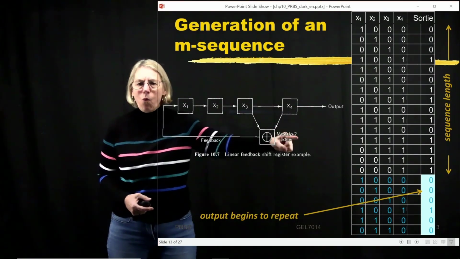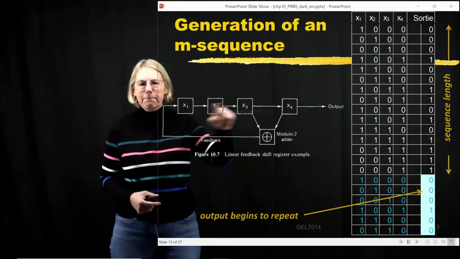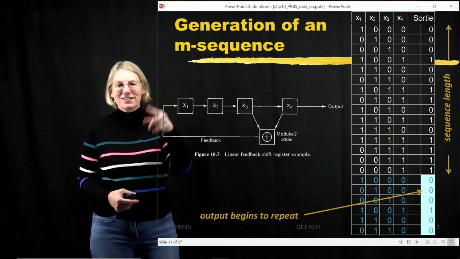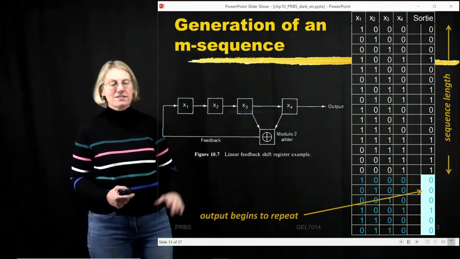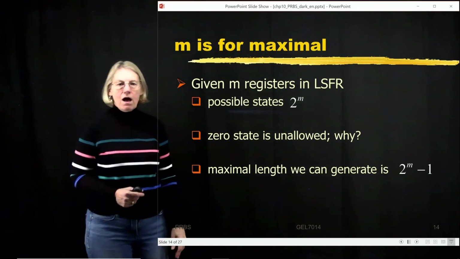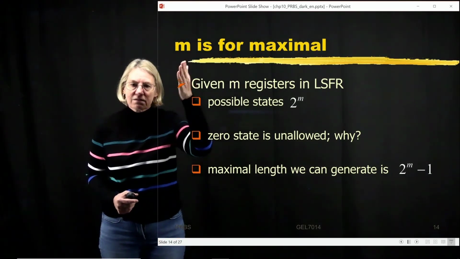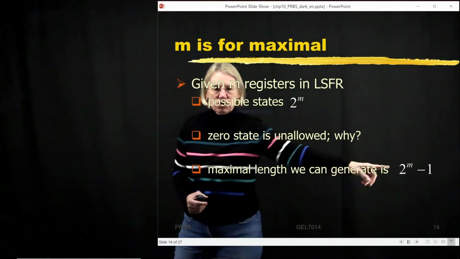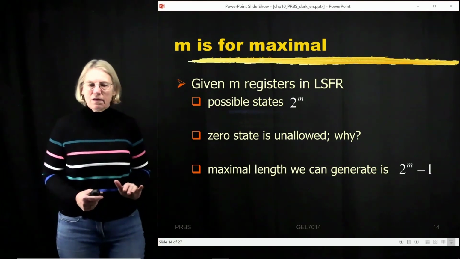No matter what the interconnections are, if I take a bunch of zeros and add them, I'm going to get a 0, and then I'm always going to get 0. So 0 is not an allowed state. Theoretically, the maximal length that I could achieve would be 2 to the M minus 1, where I reject the 0.